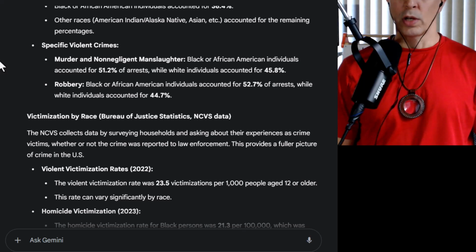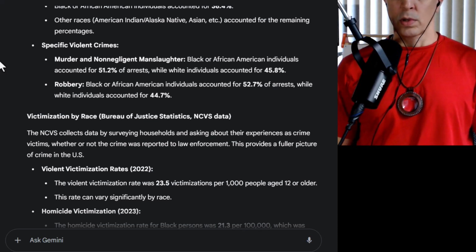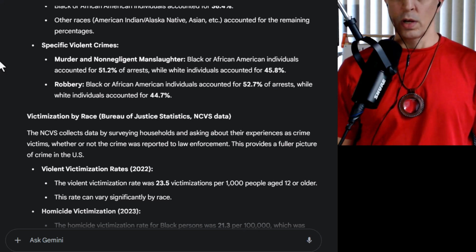So when you take those percentages into proportion, and then you have blacks committing the most violent crimes at the highest numbers, 50%, more than 50% of murder, more than 50% of robbery. These facts explain why black people have to interact with the police more. Black people might get profiled more. Black people might get suspected more.